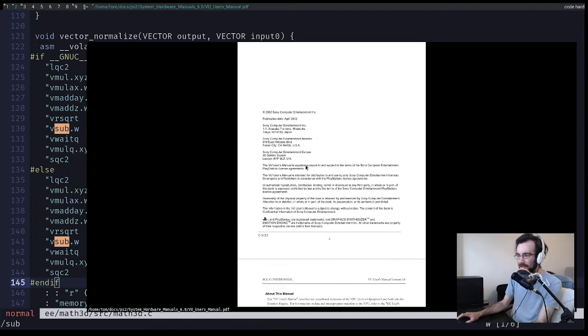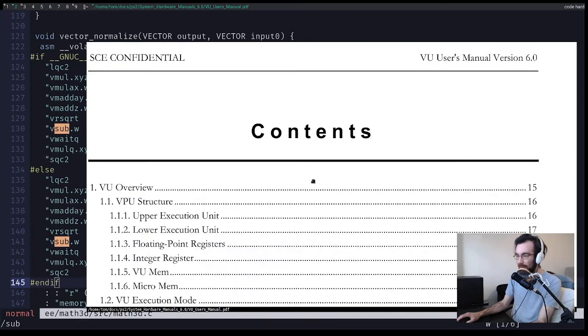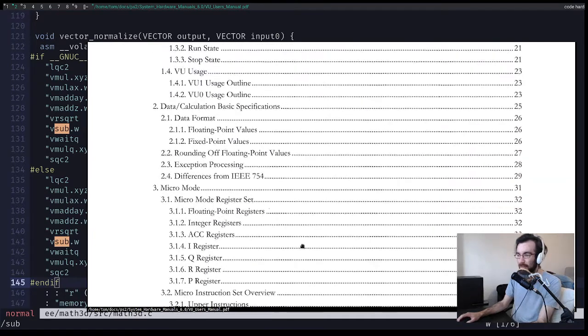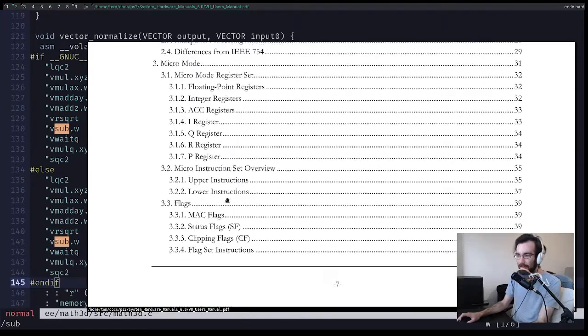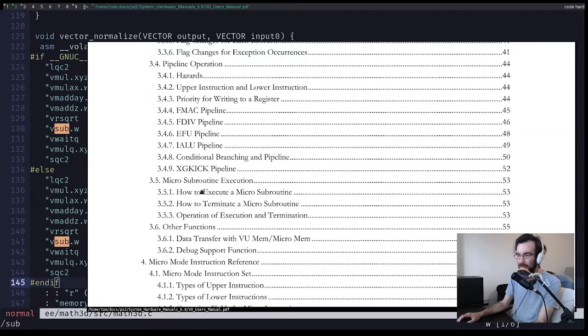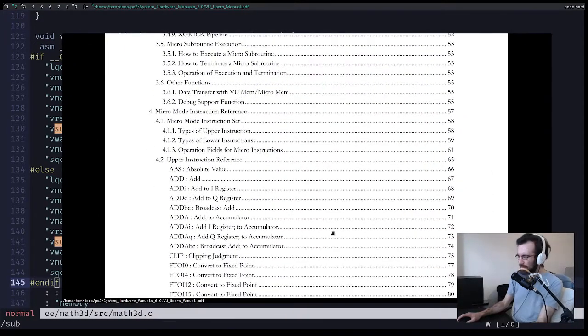Let's see what the VU instructions say. If you've never seen this before, it's pretty wild. Okay, so registers, how they work, micro mode, flags, instruction set. I think it's at the end. Pipeline operations. Micro subroutine exception. Is my screen slightly orange? Hold on. Interesting.